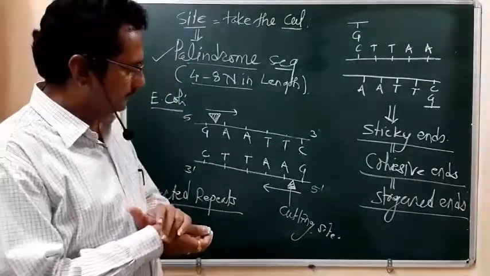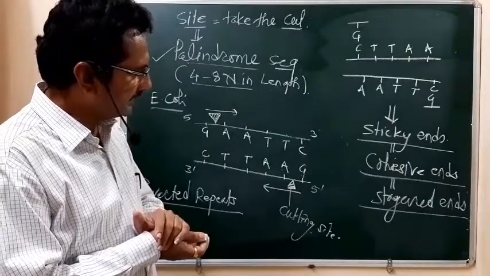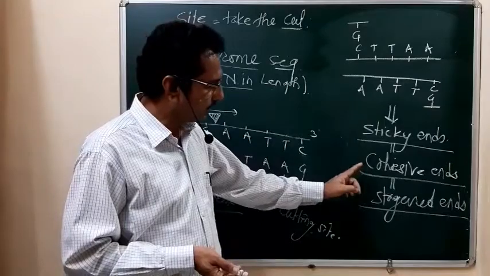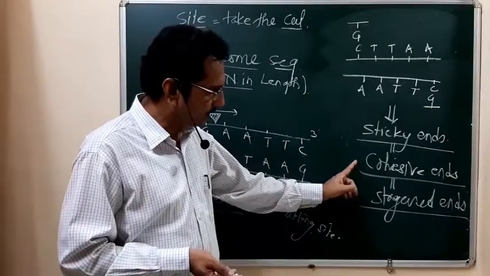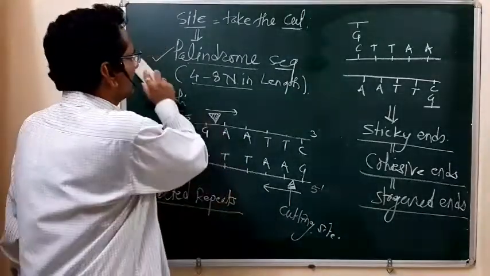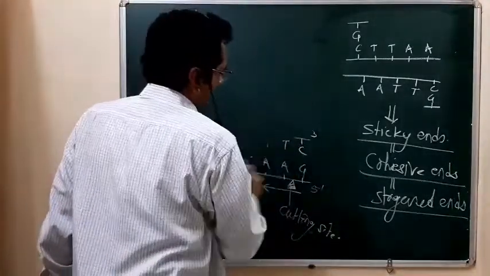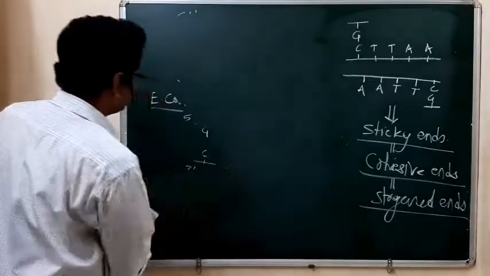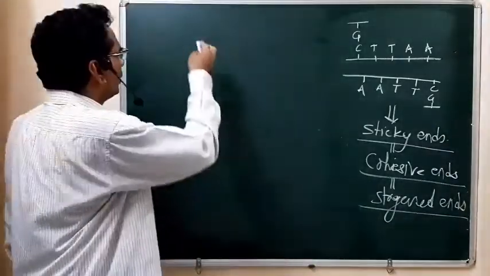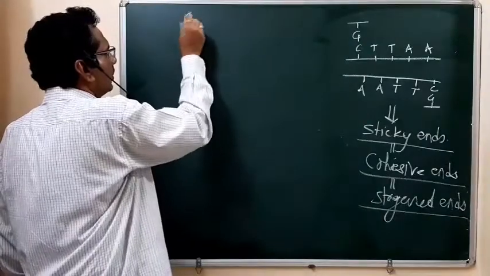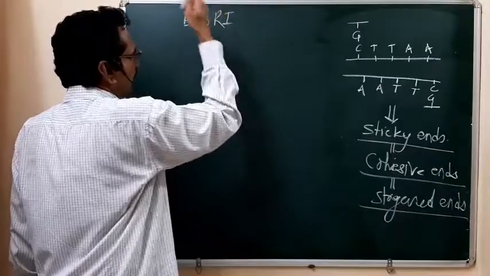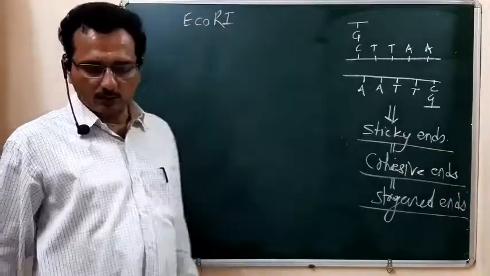Which enzymes form the sticky ends, or the cohesive ends or staggered ends? I will give examples. Restriction enzymes like EcoRI, this is one restriction endonuclease enzyme.